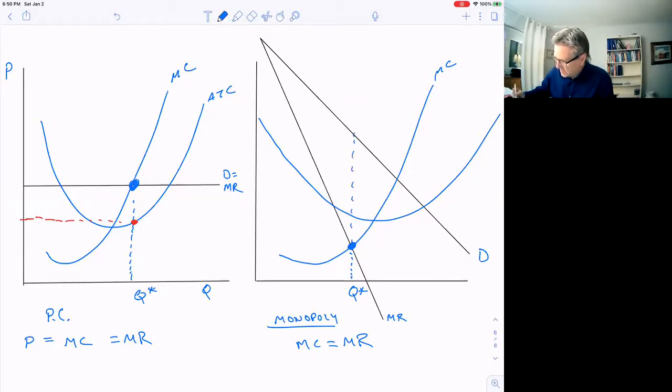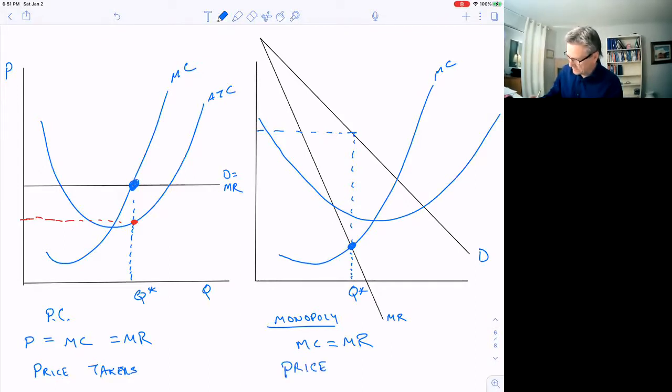We can go up here to the demand curve to see what price the monopolist should charge. So under perfect competition, we have price takers. And at a monopoly, we have a price setter, or price searcher.